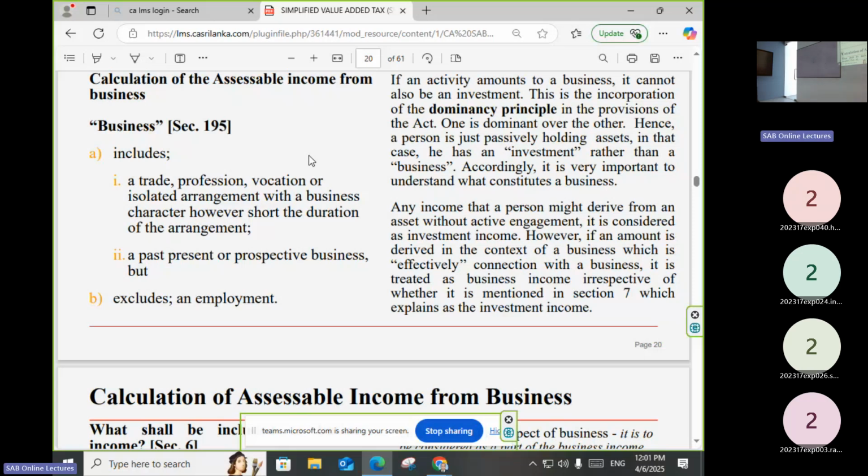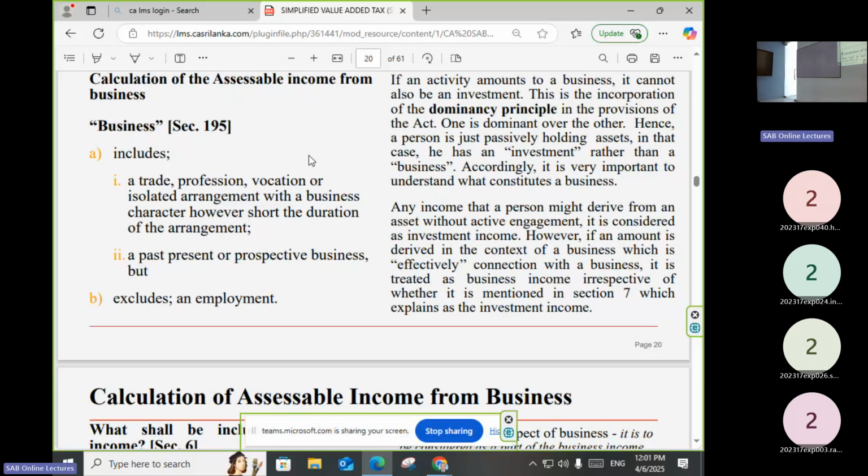Right, employment income is a little different. Here we are recognizing the employer and employee relationship. Somebody is the employer, the master, who is getting your service.